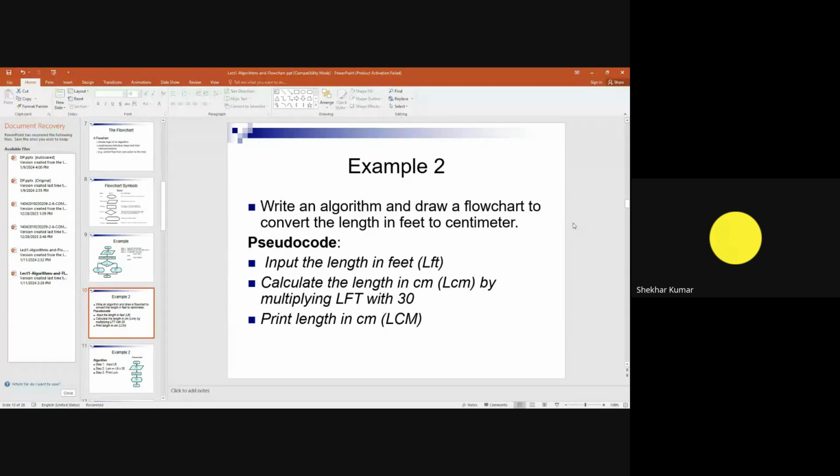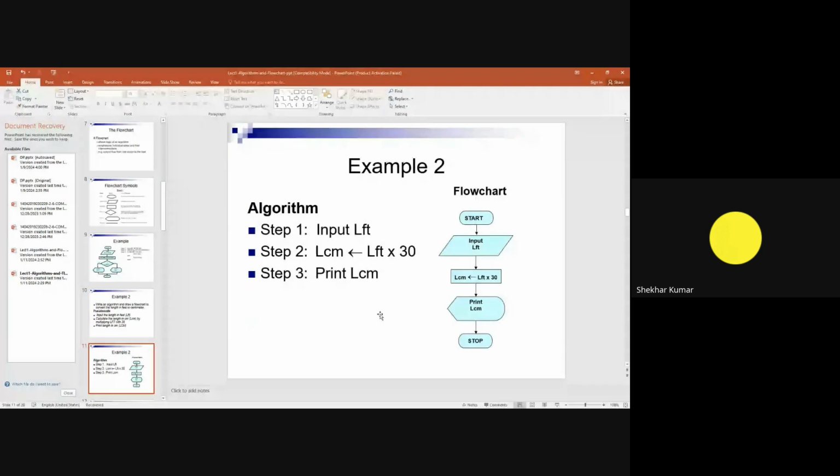This is the pseudocode. Then how will you write the algorithm? For the algorithm, the first step is to input it. After that, multiply by 30 and then print the centimeters. And this will be the flowchart of this. First, start, this is the terminal symbol.